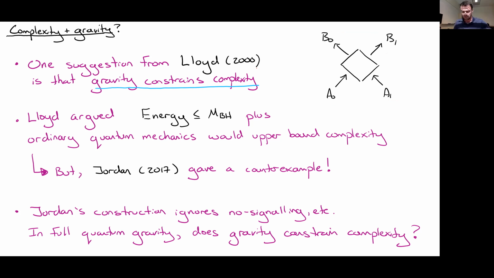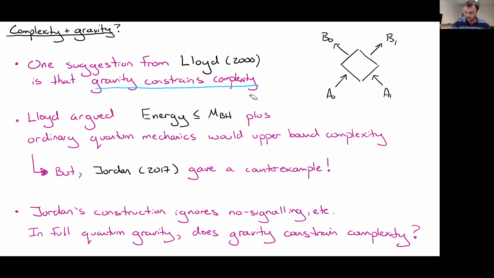Okay. So how did he argue this? He wanted to use just two things. He took ordinary quantum mechanics plus one additional bit of physics coming from gravity. The additional bit of physics was that the energy inside the region should be bounded above by the mass of a black hole with the same size. Based on those two ingredients, he tried to upper bound the complexity.